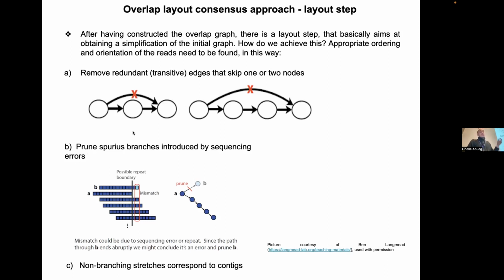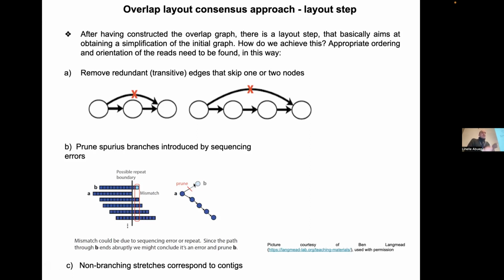You prune what's called spurious branches, that are usually sequencing errors. Imagine you have one read that is different from the others for a particular region, because there is a sequencing error in it. This will lead to an edge and a node that has little support. It only comes from that read, and there is no need to really touch that node.